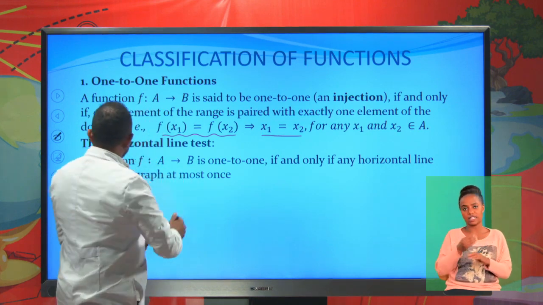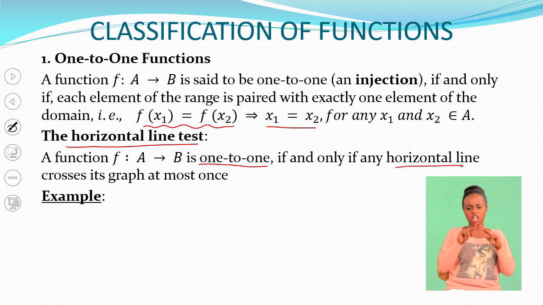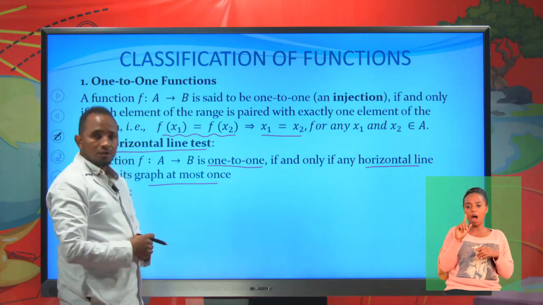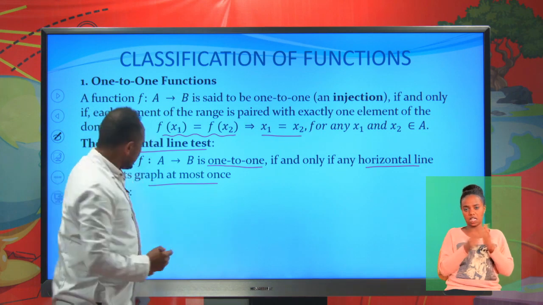To check from the graph whether it is one-to-one or not, we use the horizontal line test. A function f from A to B is one-to-one if and only if any horizontal line crosses the graph at most once.